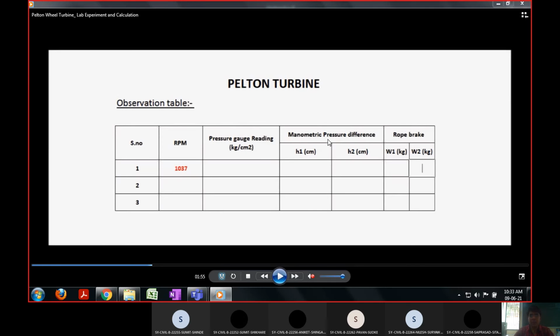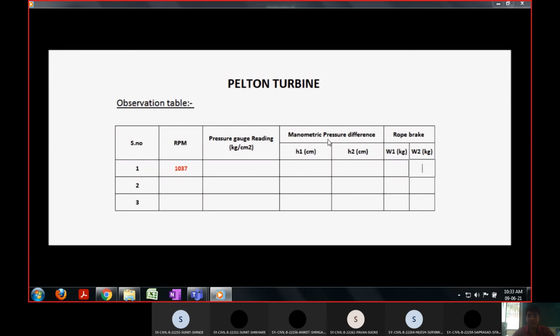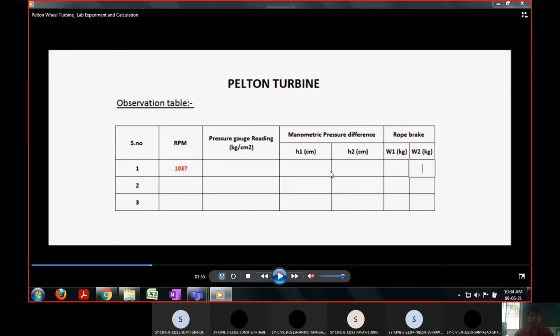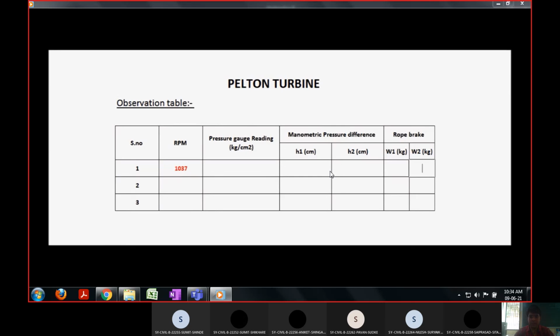Then another important column in the observation table is the manometric pressure difference. Here we have to take the difference of pressure gauge readings H1 and H2 in centimeter, and then convert into meter. H1 is the height of the water level above the center line, datum line or reference line in the manometer's left limb.